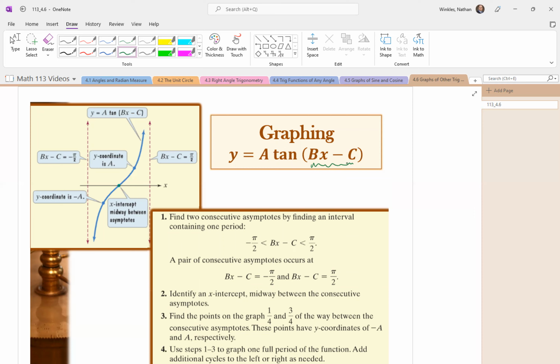And we're going to figure out what our new asymptotes are, our interval containing 1 period. If we want to know where the asymptotes are, which is our bounds on that period, we're going to set it equal to each one of them and solve. It's the same thing as when we find our interval, we'll be able to see where the asymptotes are.